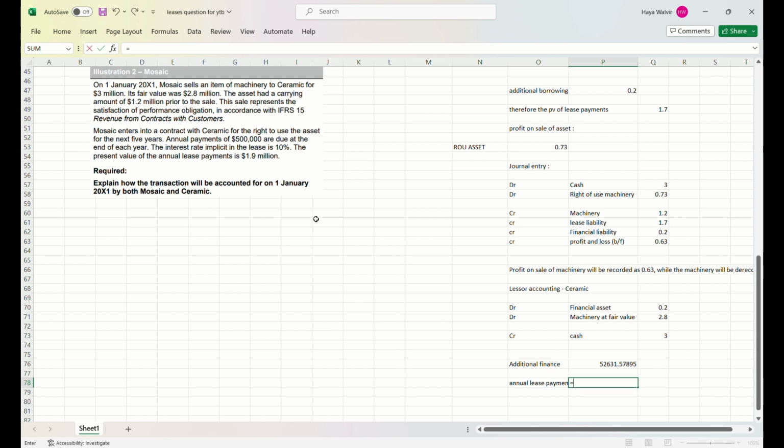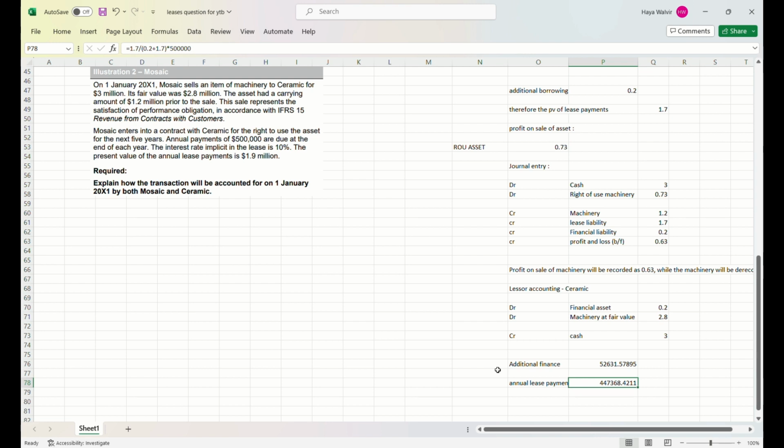It is equal to 5 lakhs minus 52,000, and I get the answer, but just for your sake, I'll do 1.7 divided by 0.2 plus 1.7, that is 1.9 total, into 1, 2, 3, 4, 5, 6. So that gives me 4,47,368, and that is how much I pay for lease every year now, after I have netted off my additional finance.